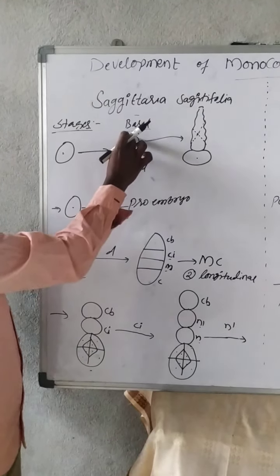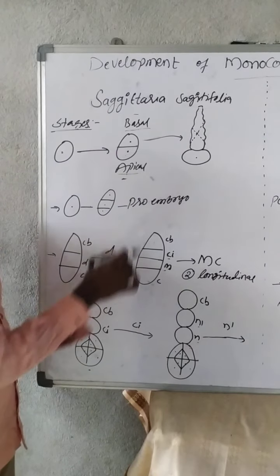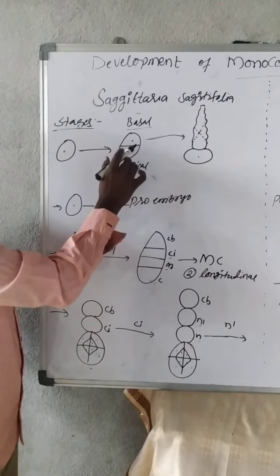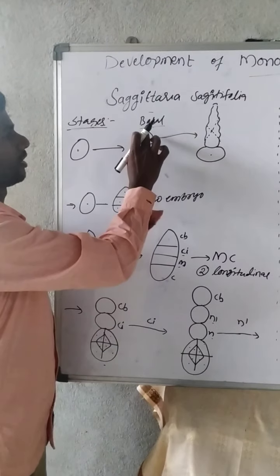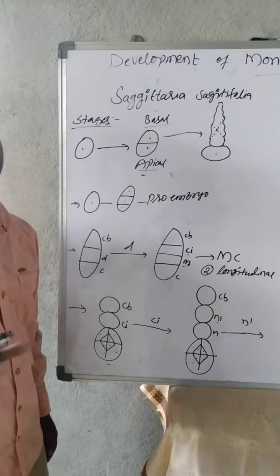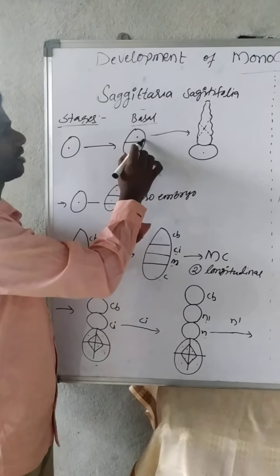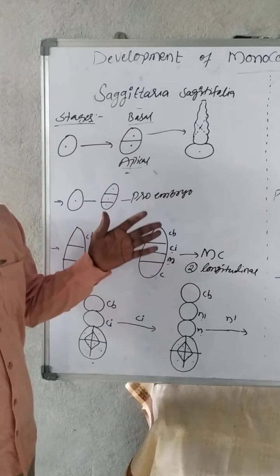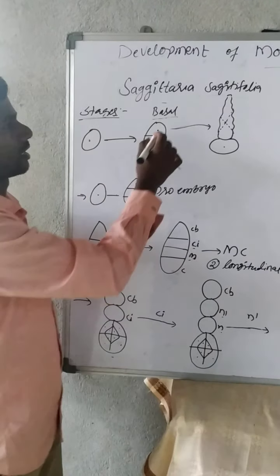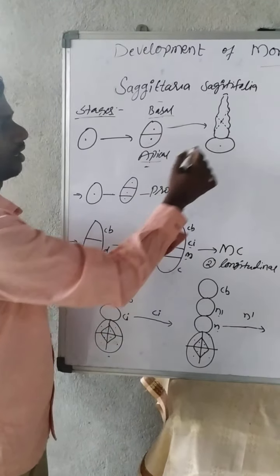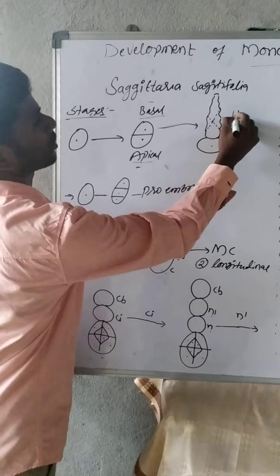The basal cell does not undergo any further divisions, but the cell enlarges and becomes vesicular, and forms the haustorium.